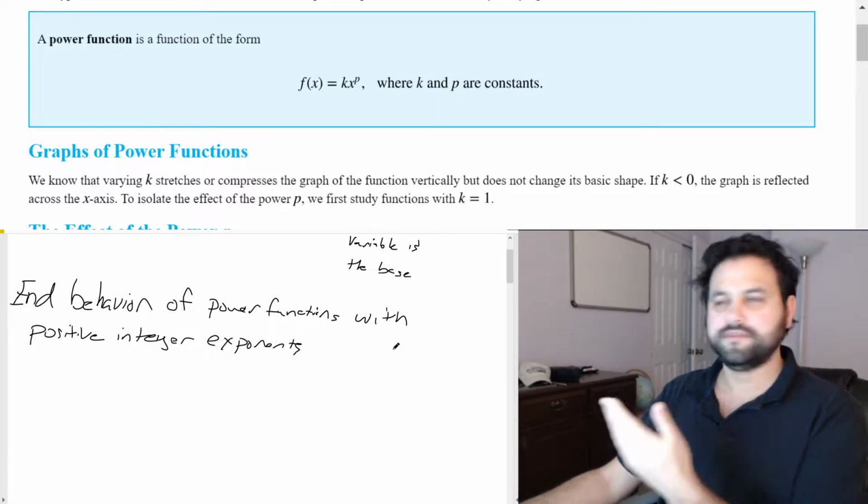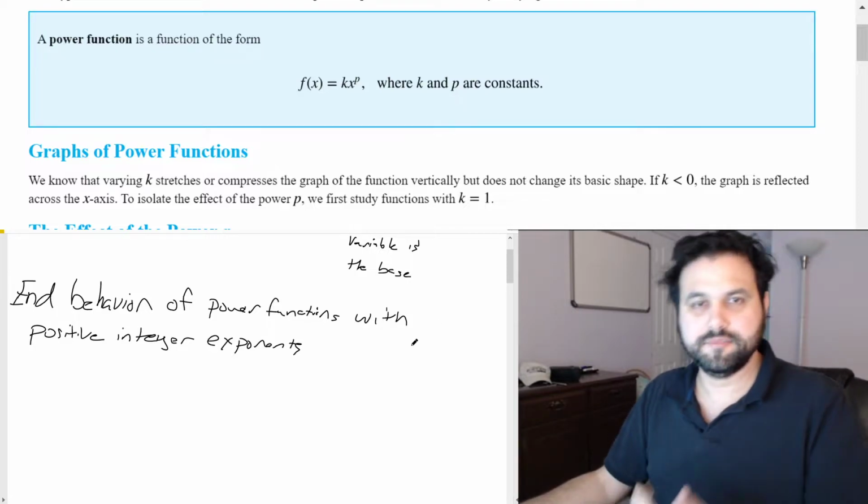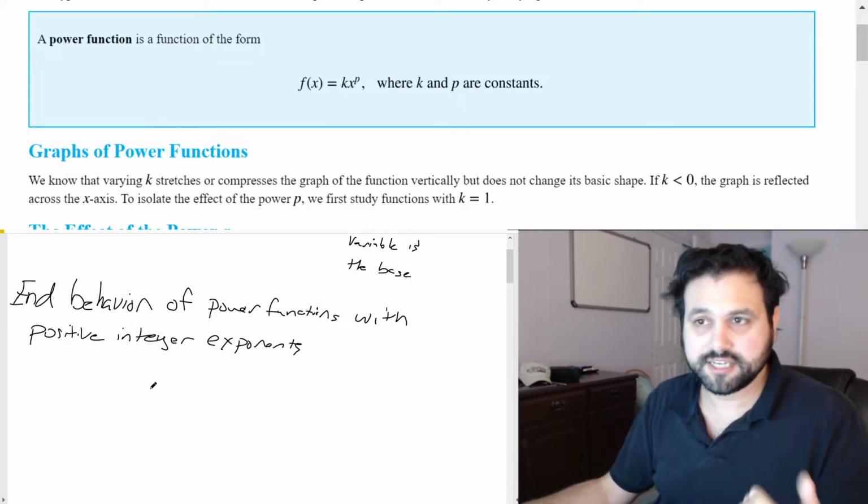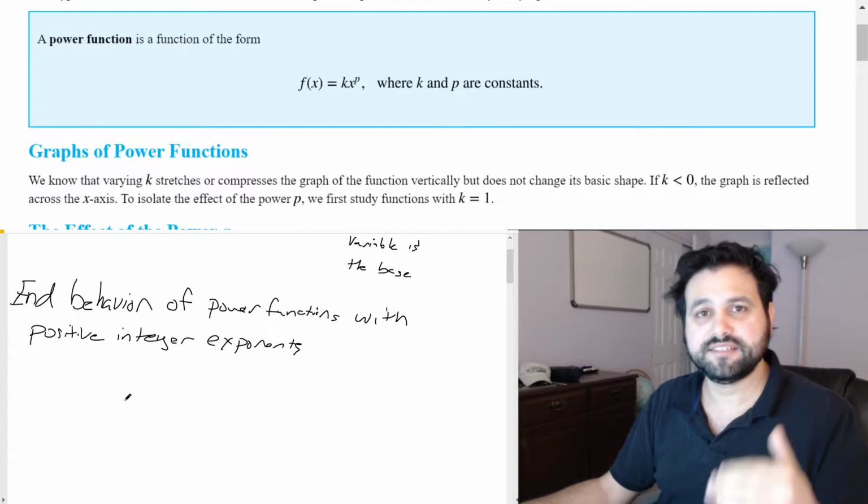Okay, so what does this mean about this form kx to the p? That means that the p value, the exponent, has got to be a positive integer.